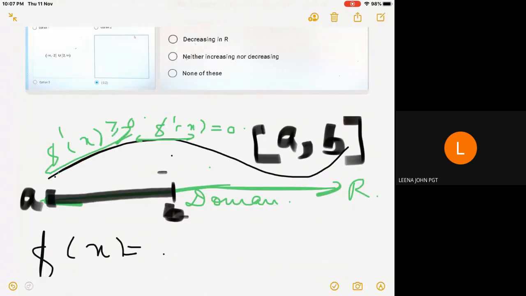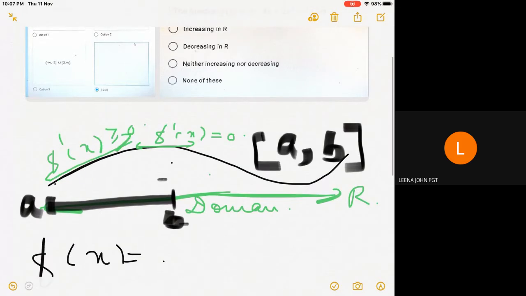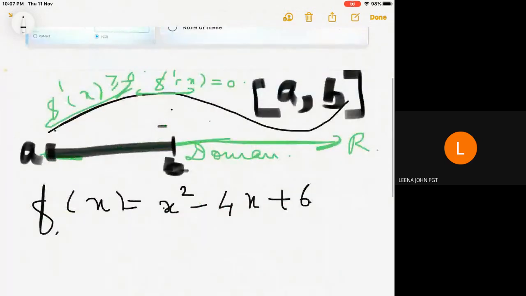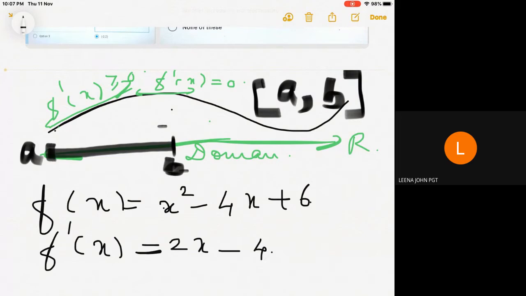You need to find the first derivative. In order to find in which interval it is increasing or decreasing, you can find f dash x, which is equal to 2x minus 4.